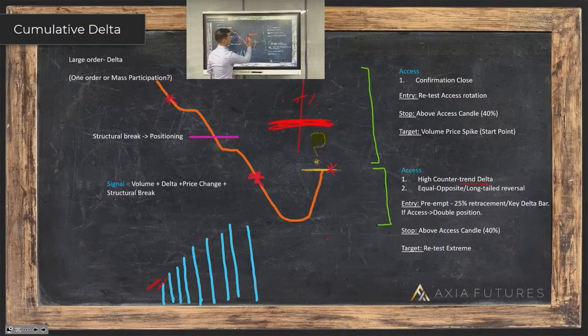If I define this as the moment sellers are entering the market in the pullback of an uptrend, then my stop just simply goes above where those sellers are entering the market. Because if they start to trade back up above there, what is it telling me about the strength of the selling? It's telling me that it's actually not that strong. Because if this is a very aggressive trend, and if everyone wants to get on this trend because, hey, we're having a party to the downside, well, then I don't really want to see the market trade back up there.